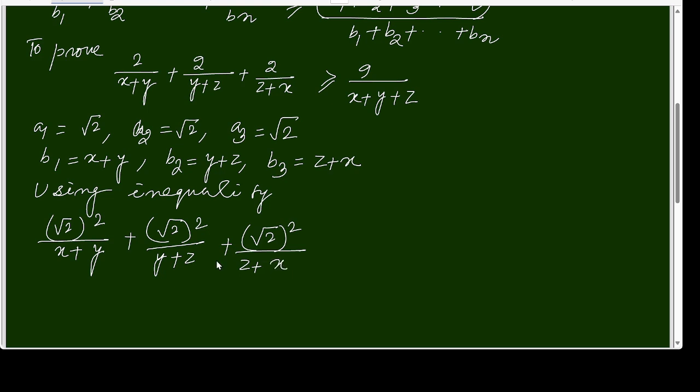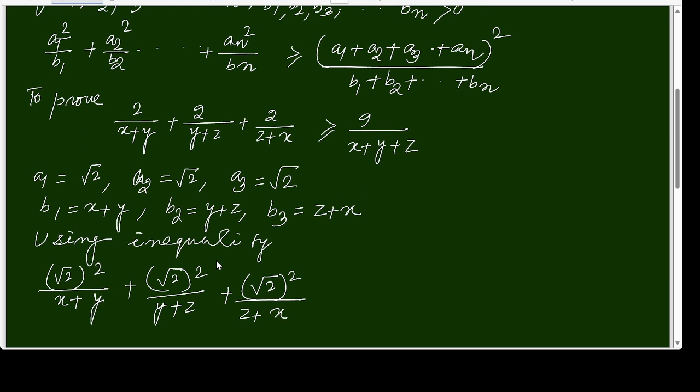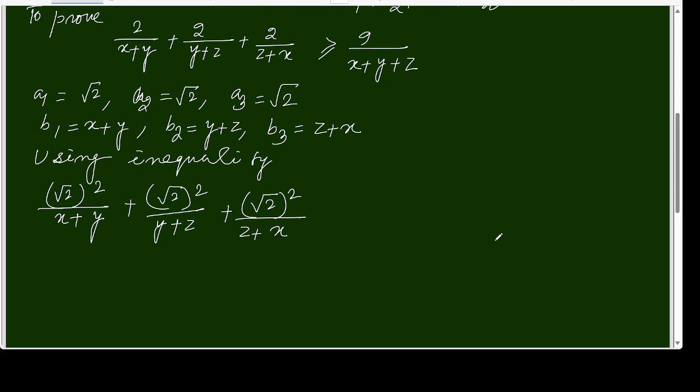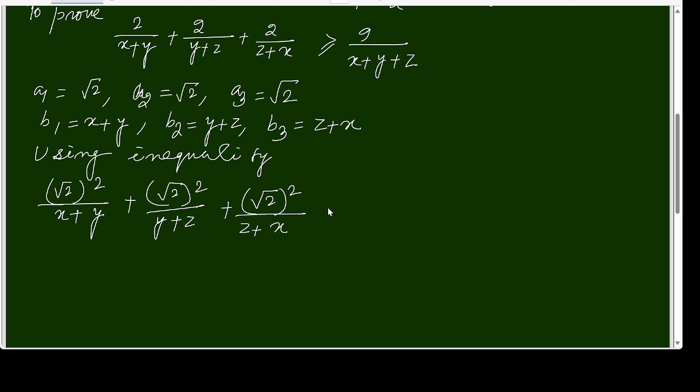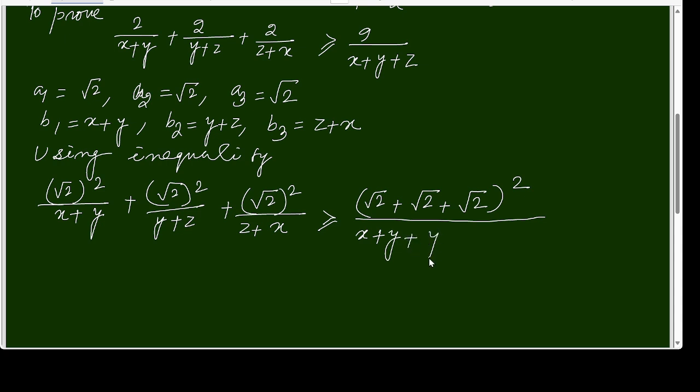This will be the left hand side of this expression. Then it would be greater than or equal to a1 root 2 plus a2 root 2 plus a3 root 2 whole square over b1 plus b2 plus b3, where b1 is x plus y, b2 is y plus z, and b3 is z plus x.